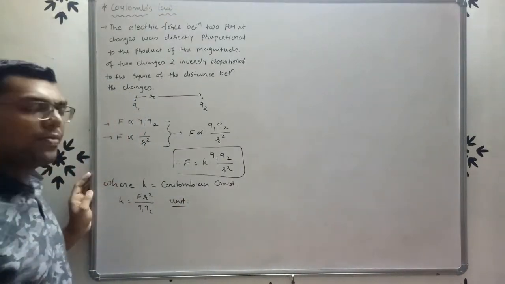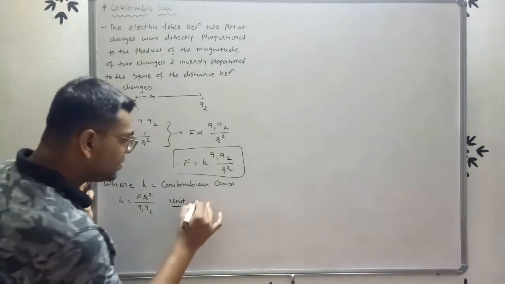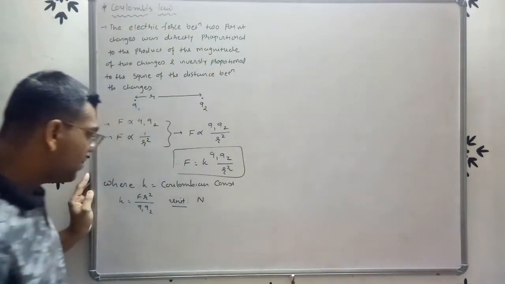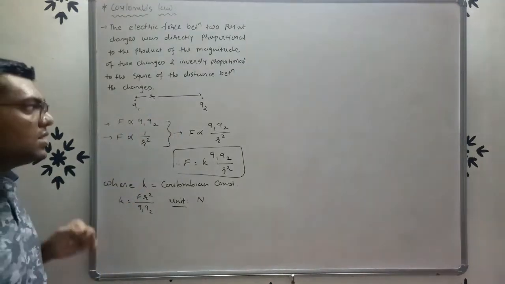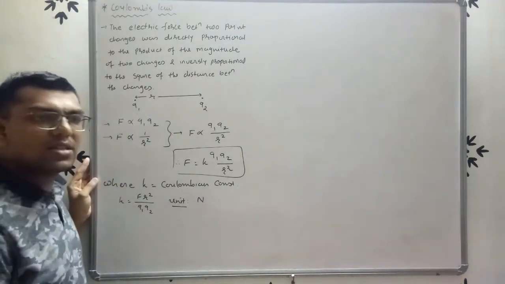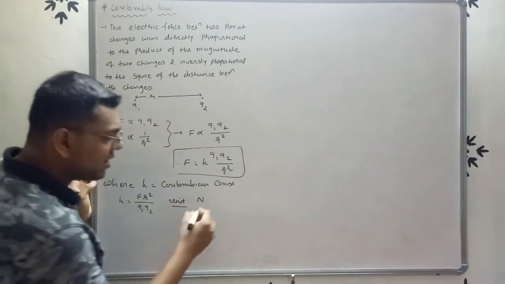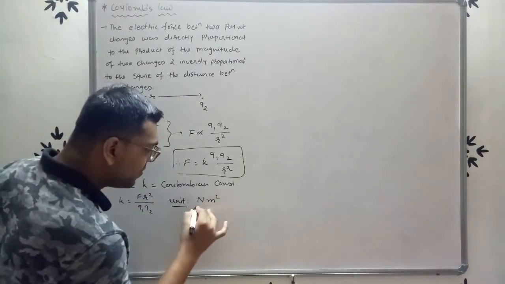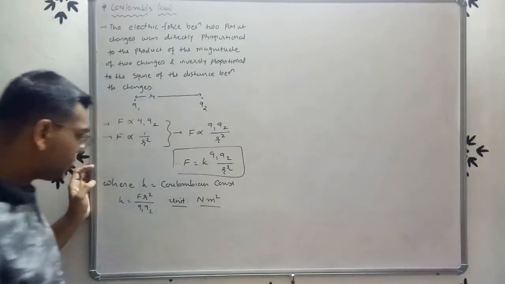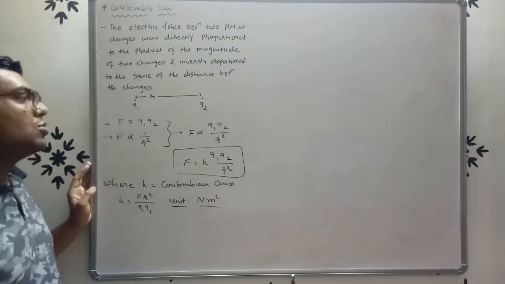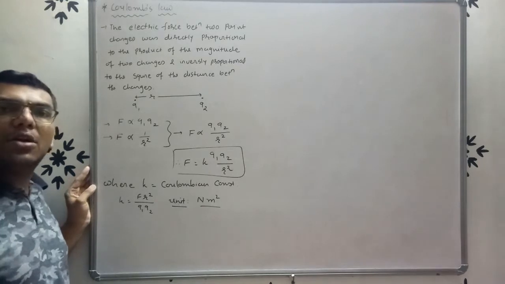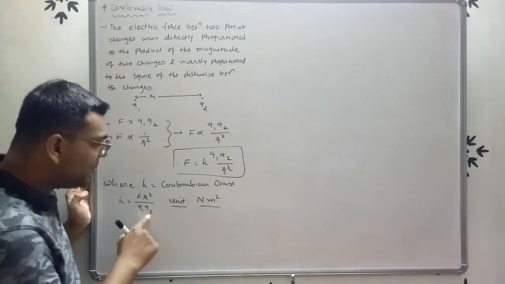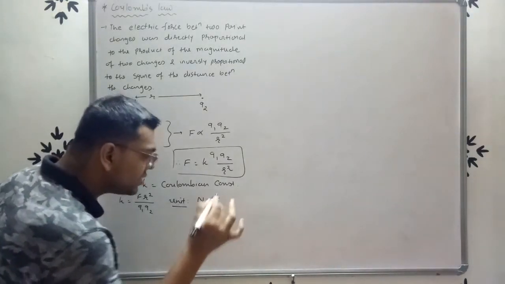now F is force, the unit of force is Newton. R is the distance between two charges, so the unit of distance is meter, but here R square, so meter square, upon Q1 Q2. Here Q1 and Q2 are point charges. We know that the unit of charge is coulomb, so coulomb into coulomb, coulomb square.